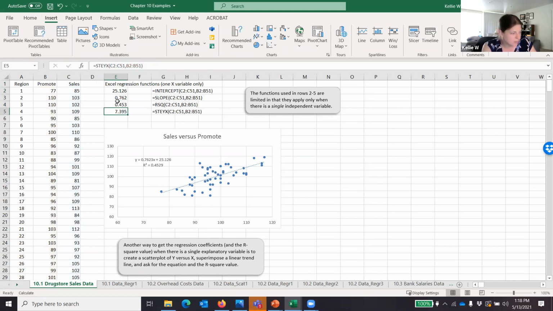And I don't even know what that is. I have never used those. I usually am running a full regression, and you get all of this information when you run regression analysis in Excel. So, but just so you know, if you just wanted one of those things, you could run it using one of these functions.